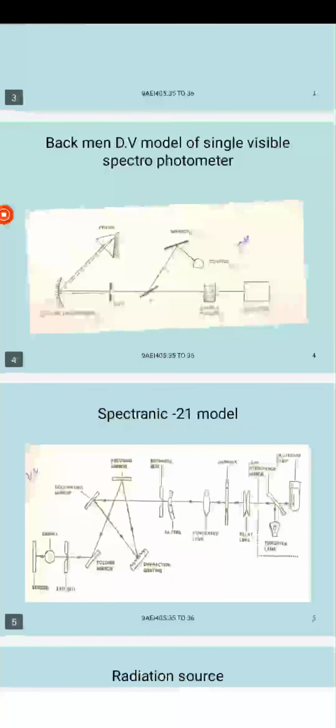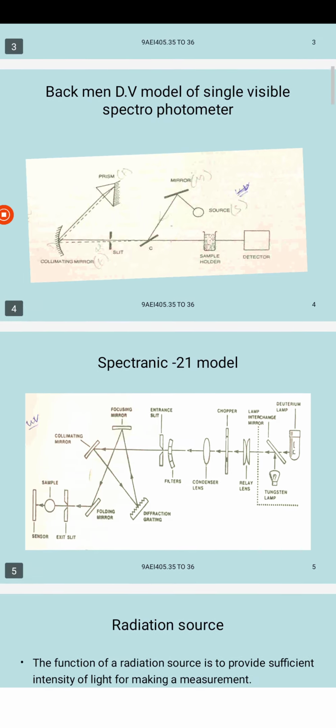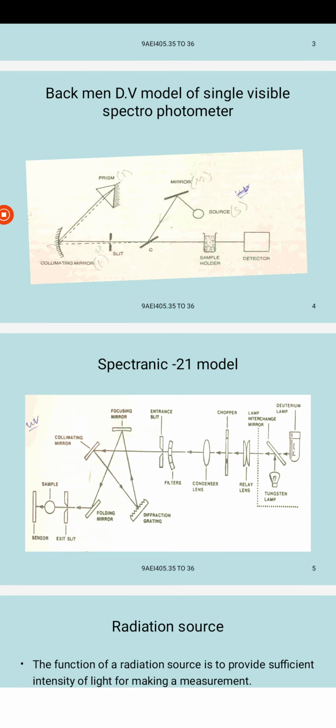We can see the block diagram of Beckman DU model single beam visible spectrophotometer. So, source of radiation, mirror, then mirror C, slit D, collimating mirror F, and prism monochromator.